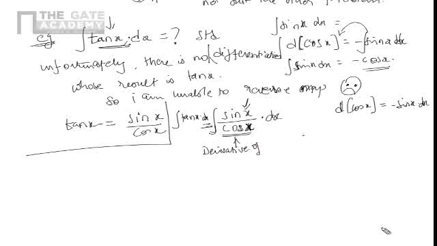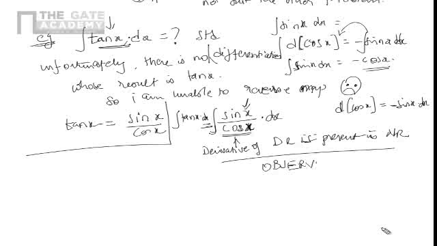There is a minus sign there, don't worry about it, we will handle that later. Derivative of the denominator is present in the numerator, correct? This is a very important observation.